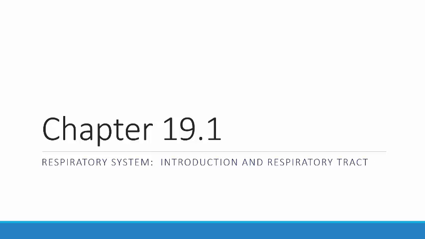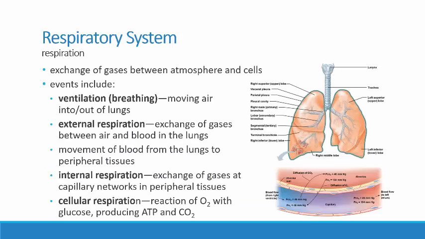So chapter 19 is about the respiratory system, and we'll start looking at the respiratory system by discussing a little bit about what respiration is, and then looking at the organs of the respiratory tract and the passageways of the respiratory tract.